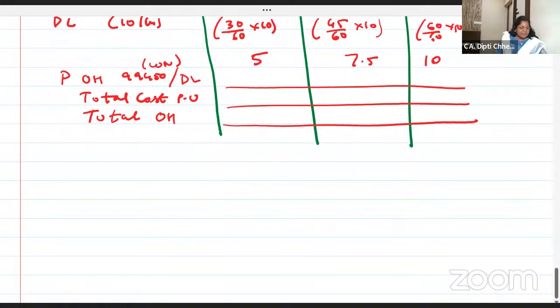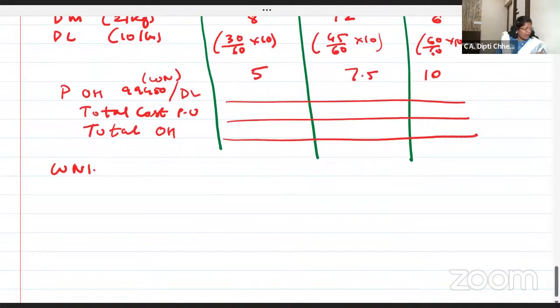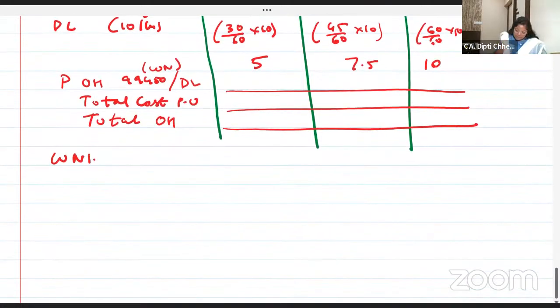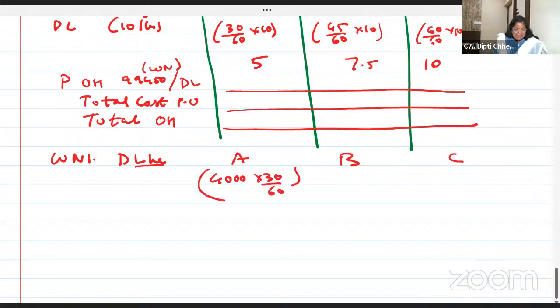Come on now. Working note 1. I want direct labor hours for A, B, C. 4,000 units, each unit requires 30 by 60 hours. 3,000 into 45 by 60. 1,600 into 60.